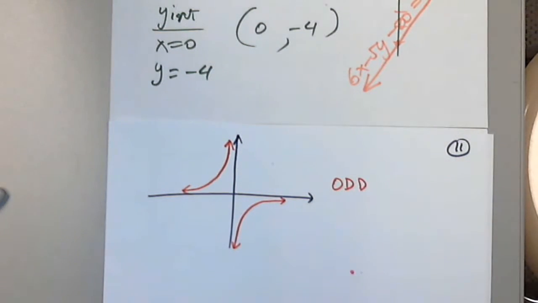Which means the graph is definitely symmetric with respect to the origin. Awesome. Okay. What about intervals of increasing, decreasing? Do we have to show that? Is that a yes? Okay. Piecewise defined functions we did.